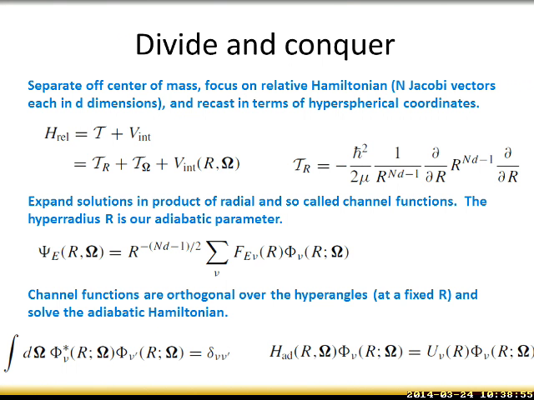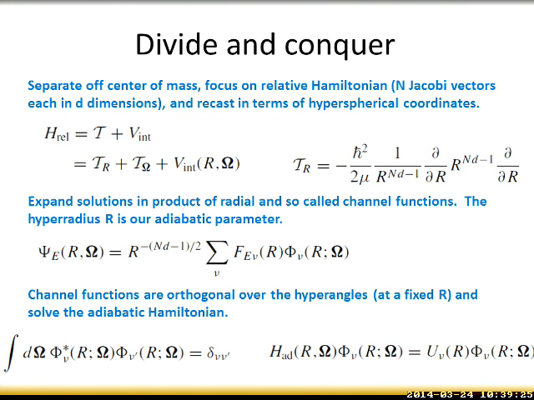What I have written here is just the hyperradial kinetic energy, which if I went to a single Jacobi vector in three dimensions, we would just get back to the usual three-dimensional radial part of the Hamiltonian. What I haven't shown here is the angular part, because I'll actually show that the angular part's not needed. So the angular kinetic energy, the hyperangular.